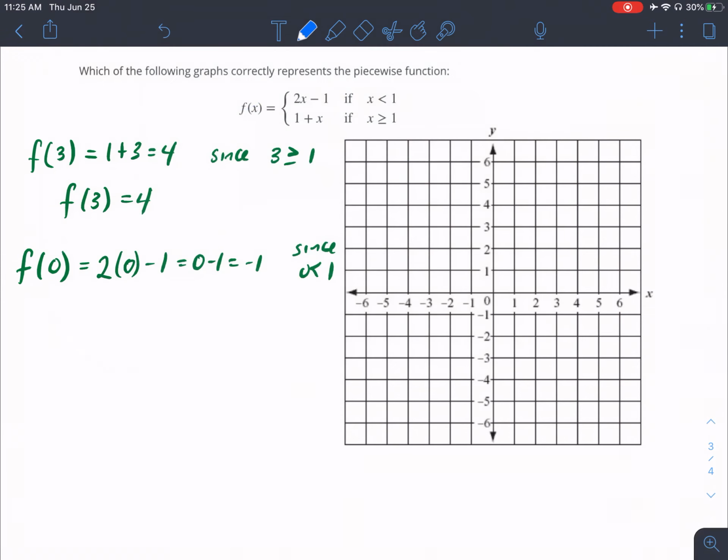Let me use this color here, a little more friendly. So let's say we want to do the top one, right? If x is less than 1, that means my function is only going to be using the top linear function. So that's 2x minus 1.